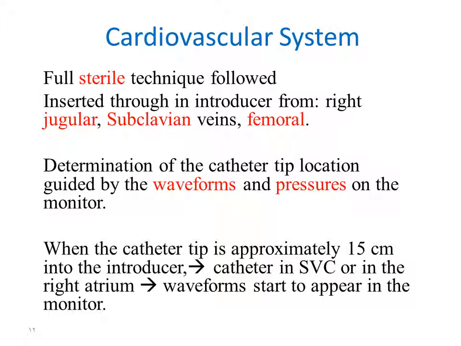In addition, when the catheter tip is approximately 15 centimeters into the introducer, the catheter is in the superior vena cava. لما ندخل 15 سنتيمتر من الكاثيتر إلى الداخل على سبيل المثال هو طوله 40 سنتيمتر هذا الكاثيتر دخلنا 15 سنتي يبقى خارج الجلد 25 سنتي إذن هو في السوبيريور فينا كافا أو في الرايت أتريوم.